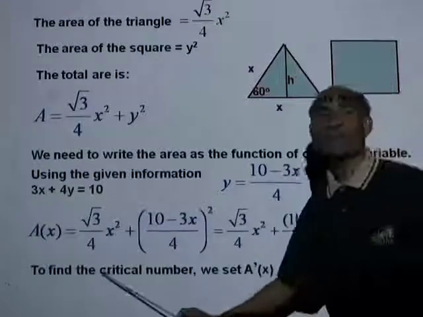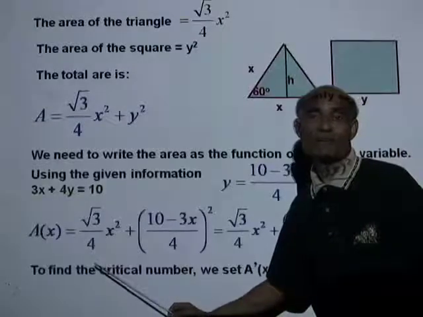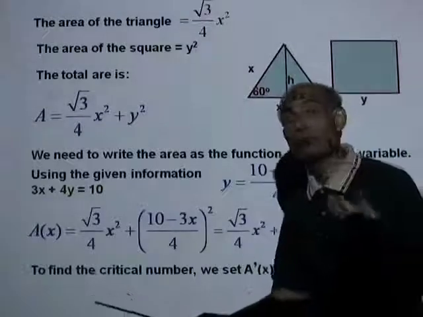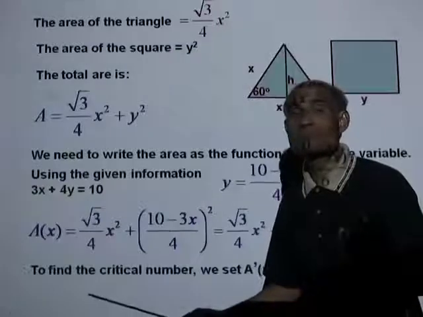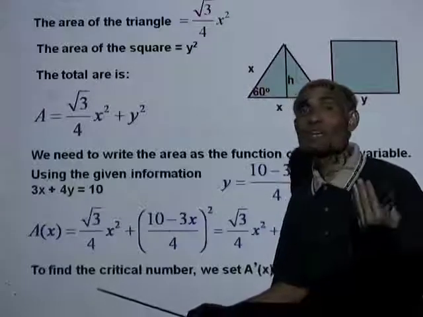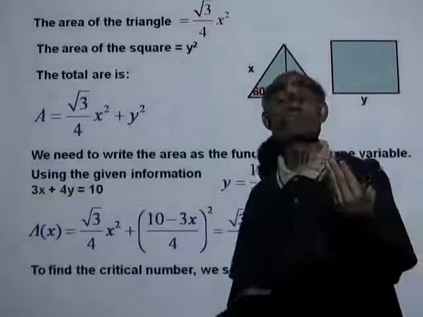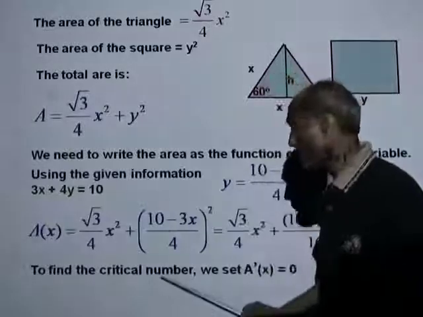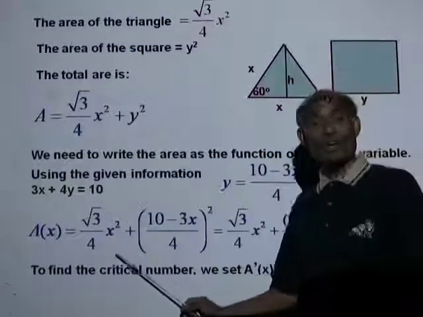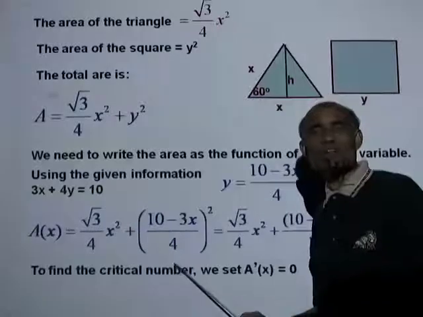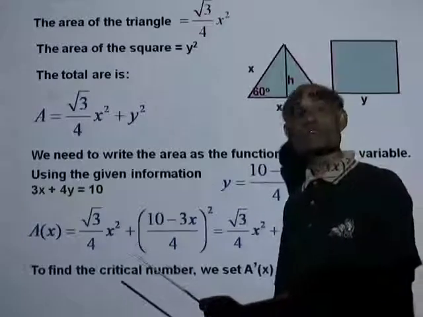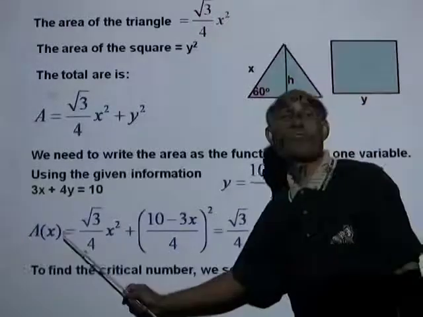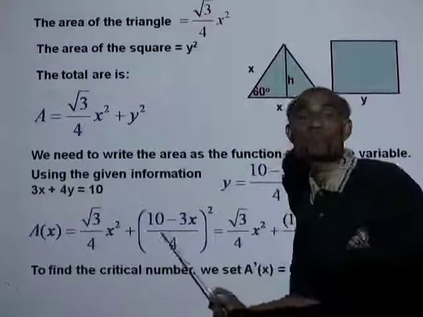Alright, now, at points where you have a maximum or a minimum, the derivative of the function will be 0. Or a maximum or a minimum occurs at a critical number. So our next aim is to find the critical numbers of this function.